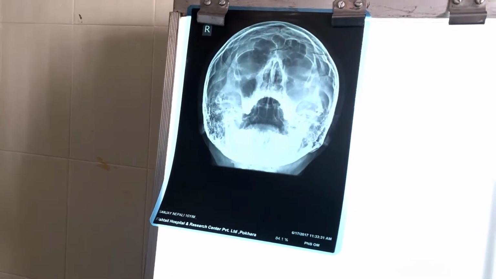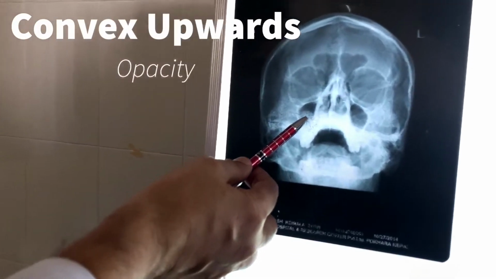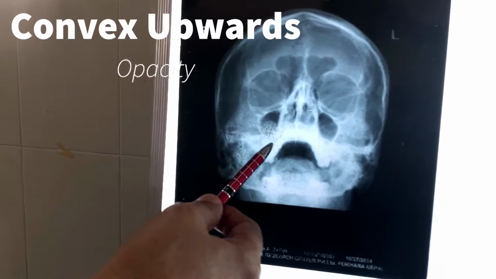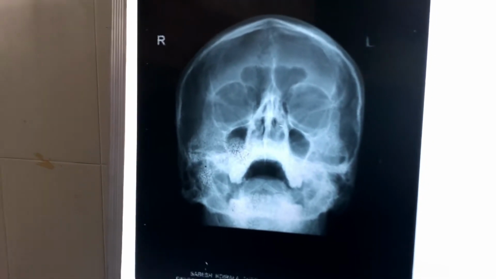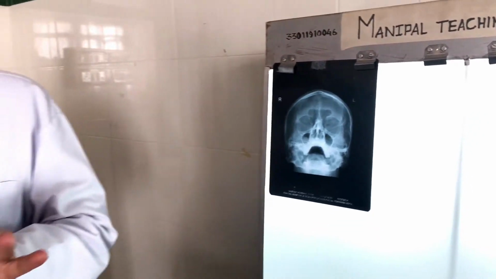There is one more X-ray of nose and PNS that you can see. As we can see, this is a convex upward opacity in the right maxillary sinus. This convex upward signifies an antral polyp. Any other solid lesions might also have convex upwards.